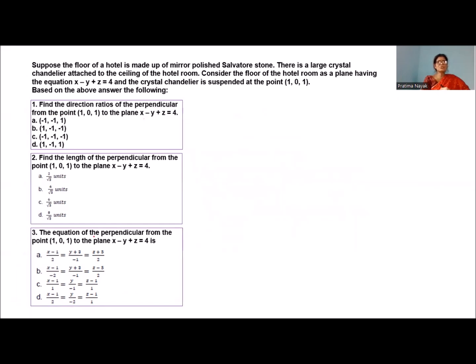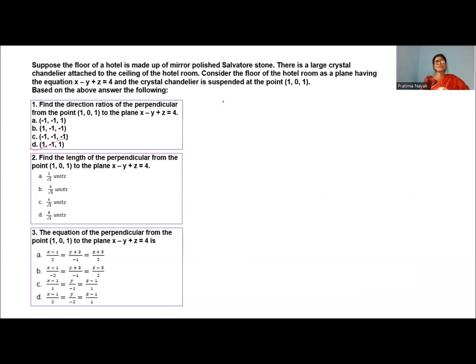Next, coming to question number 2. Find the length of the perpendicular from (1, 0, 1) to the plane x minus y plus z is equal to 4. Length of the perpendicular means the distance from a point to a plane.